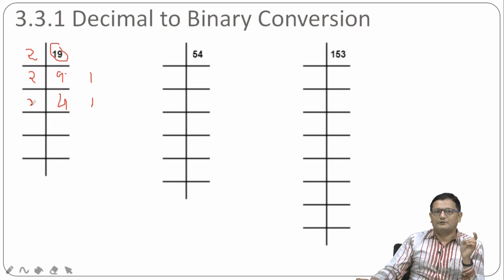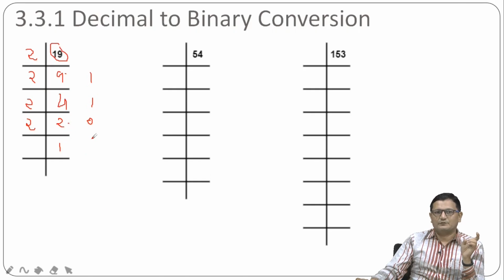Again what we will do is we will try to divide this 4 by 2. So, 2 2s are 4. So, here obviously we will get 2, okay, and here the remainder is 0 because 2 2s are 4 and what we want is 4, right. Similarly, again we will try to divide this 2 by 2. 2 1s are 2, what we want is 2.